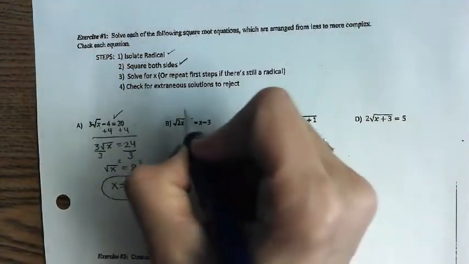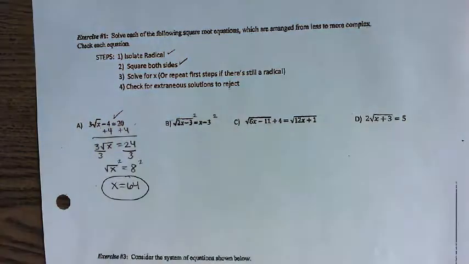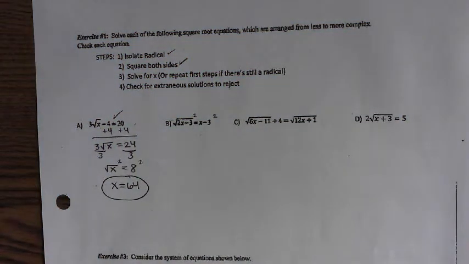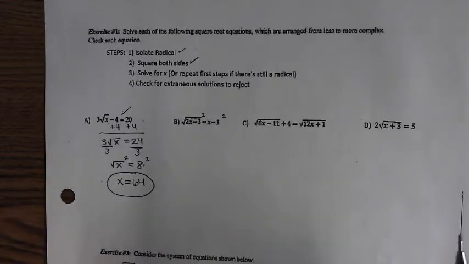Step 2, squaring both sides, is going to be a little bit trickier than it was before. Why? Who can tell me and foresee why it's going to be trickier? Lucas? You're going to have x squared. Correct. Because when we squared both sides over here, it was just an 8, so it just became a 64.